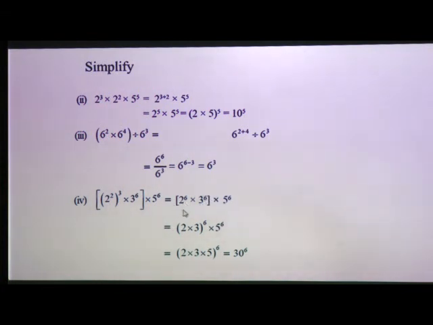Here now you can find that the powers are same, that is exponents are same, here bases are different, you can write it is common here, that is (2 into 3) bracket close raised to the power of 6. Now, you can do the multiplication of this. 2 into 3 is 6.